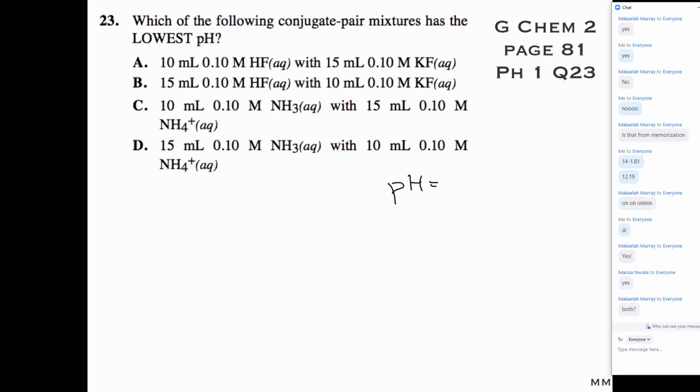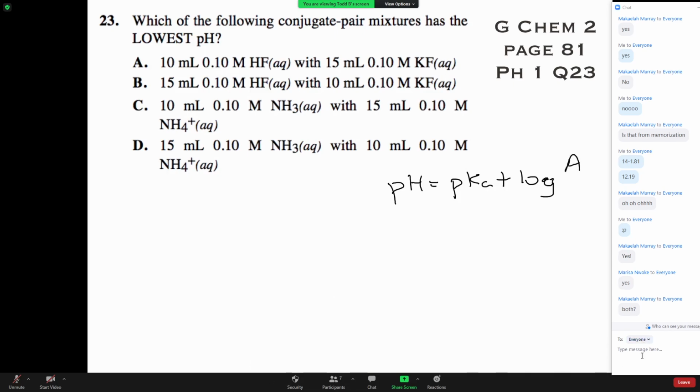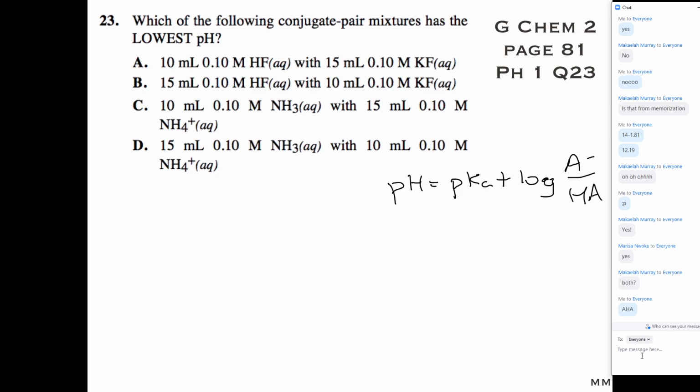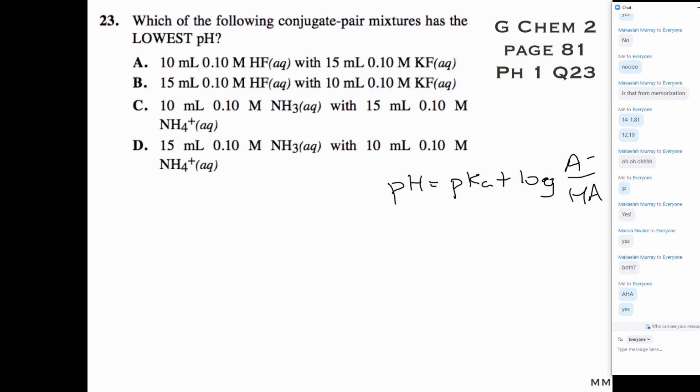So pH equals pKa plus log of A minus over HA. And again, are you okay with me not bracketing it? Because liters cancel liters, so it's moles over moles, molarity over molarity. Any mole-based unit, as long as it's the same mole-based unit for numerator and denominator, we're good to go.